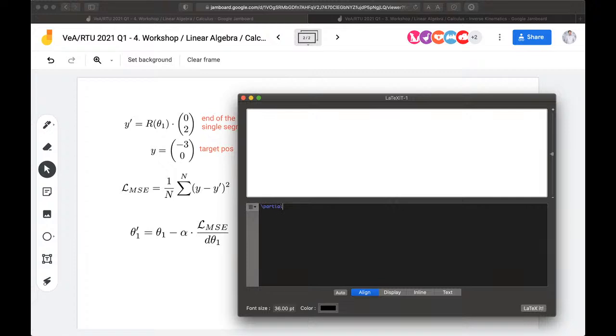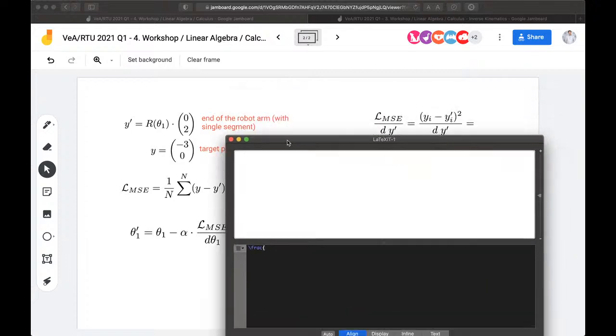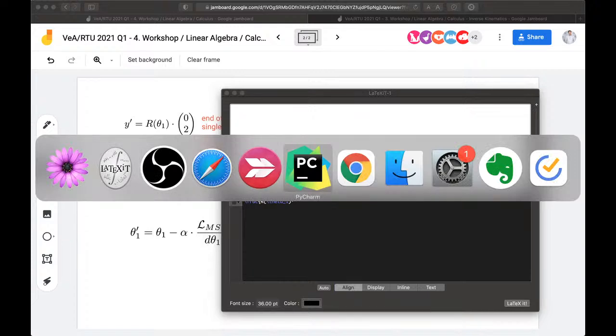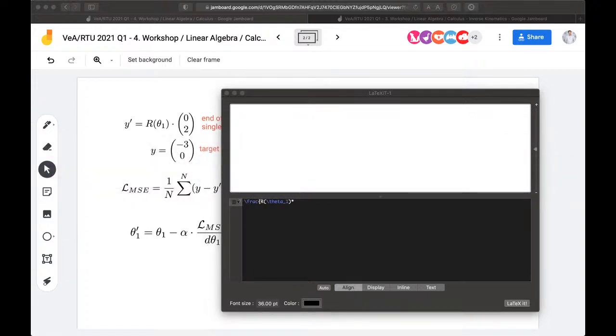So partial, frac of... next, if we have the loss function, then we need the derivative of that other part that is here. So r theta 1, this function where we had the vector part. What was the notation for that part?